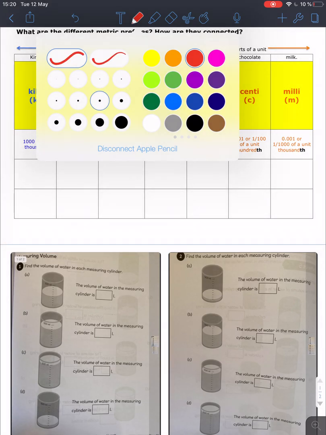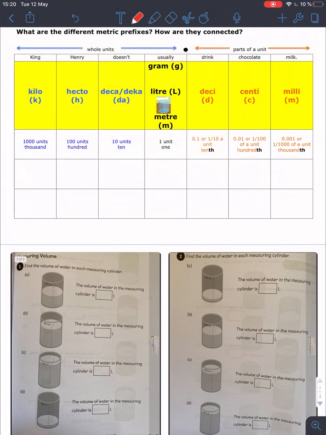Okay, so the first thing that I want you to think about here is that if I'm thinking about milliliters, I know that there are 1,000 milliliters in a liter, and it follows the place value system.